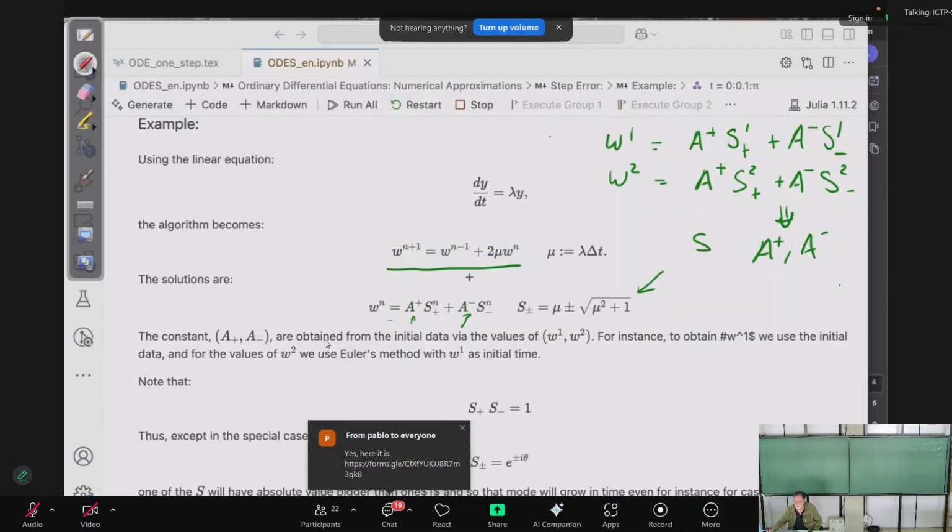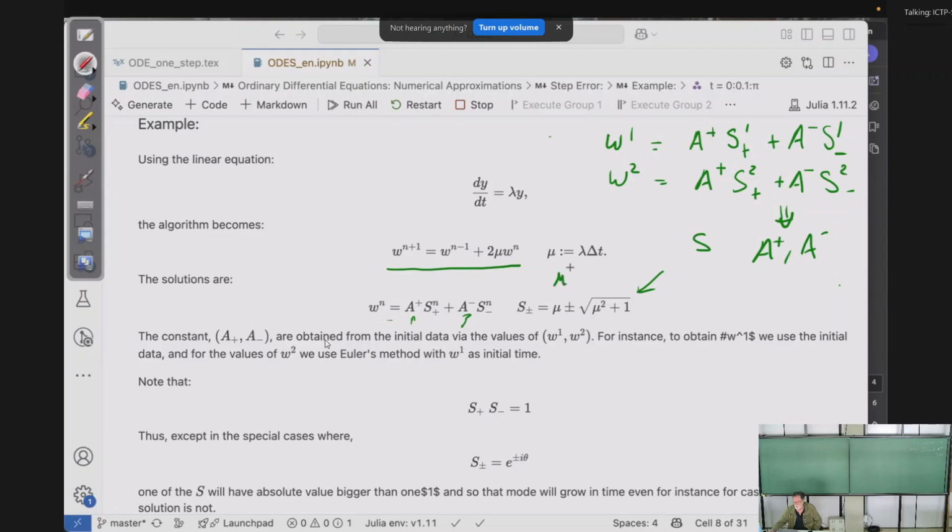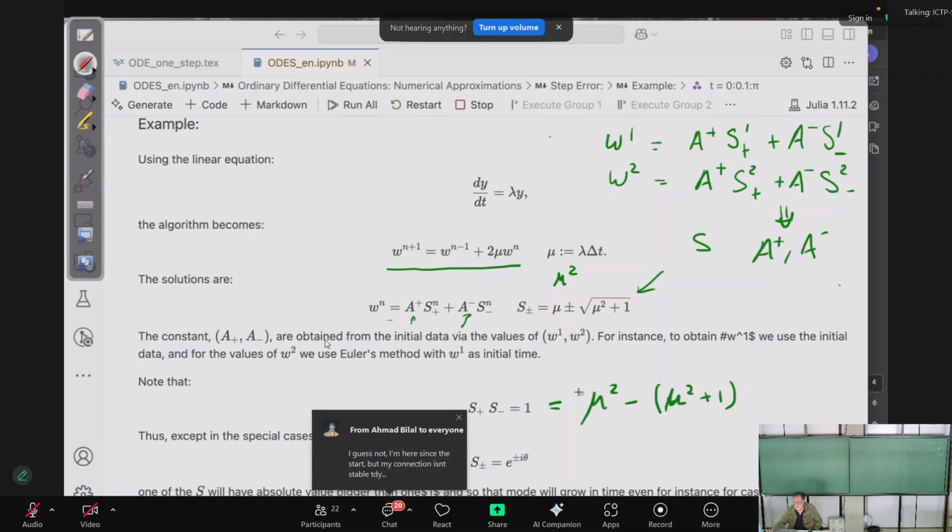But you notice that when you multiply the roots, you get this square minus this square, so you get mu squared minus mu squared plus 1. So this is minus 1, it's not 1.